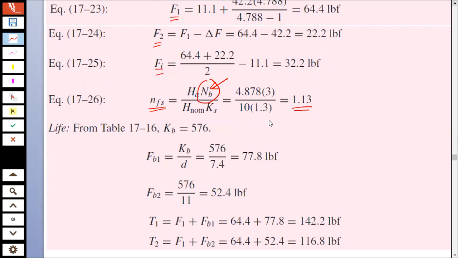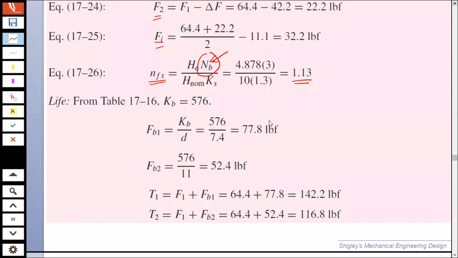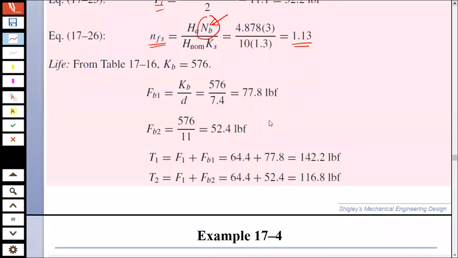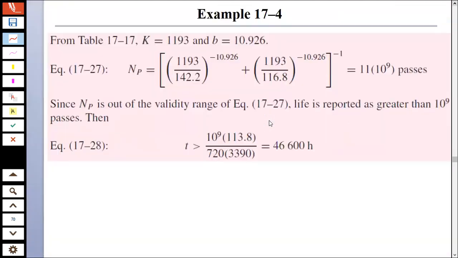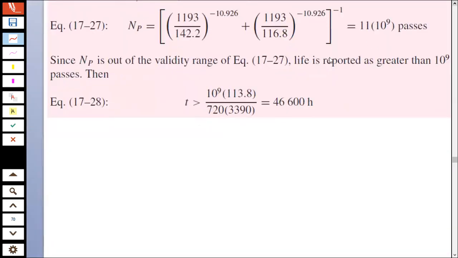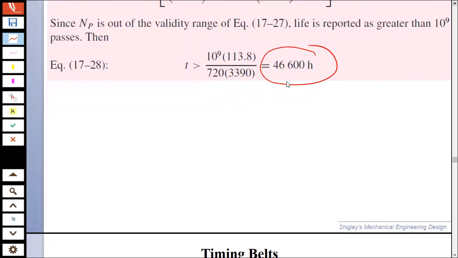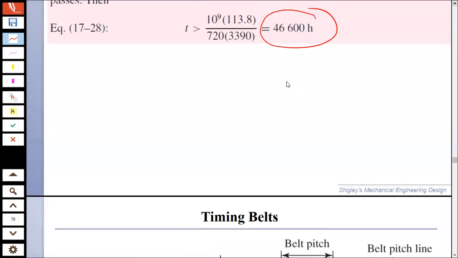So that turns out to be 1.13. Life, just use equation, वही equations जो अभी मैंने आपको दिखाए, just use those and you will find out the number of passes या the hours, which is 46,600 hours. ठीक है जी, तो ये अच्छा जी.